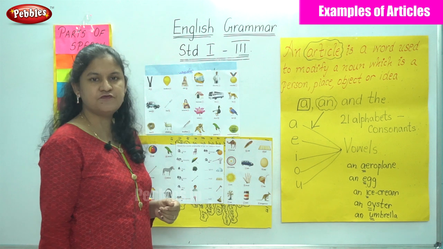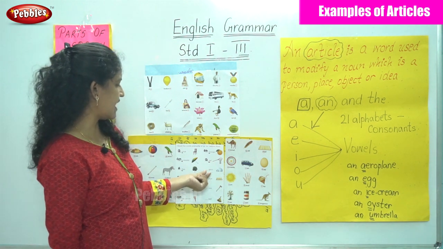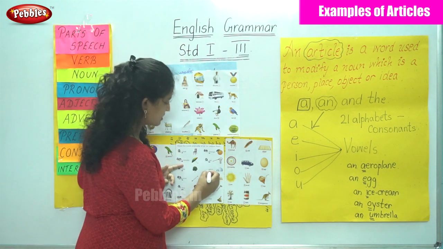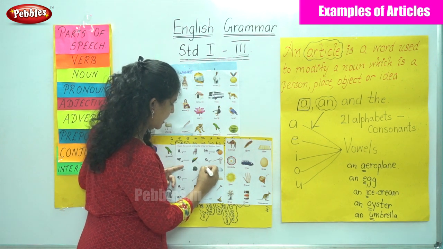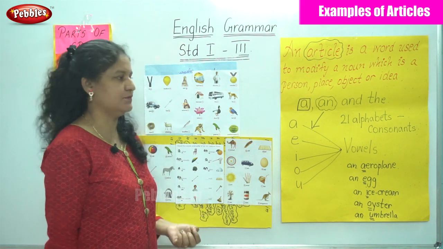He has a fishing net. The next picture I have igloo, and it begins with the alphabet I, which is a vowel, and so I write the article an igloo. Eskimos live in an igloo.